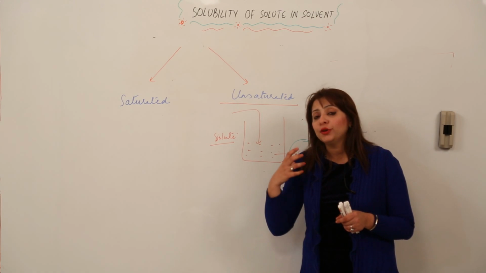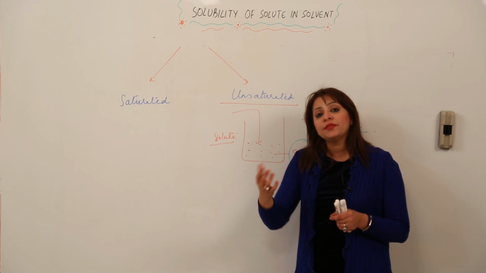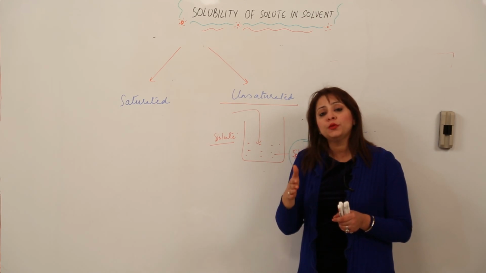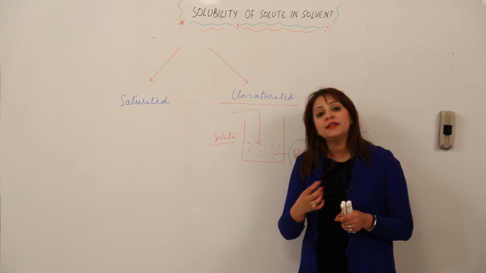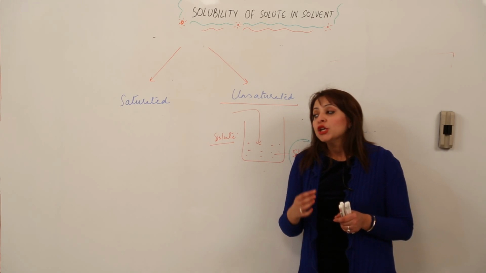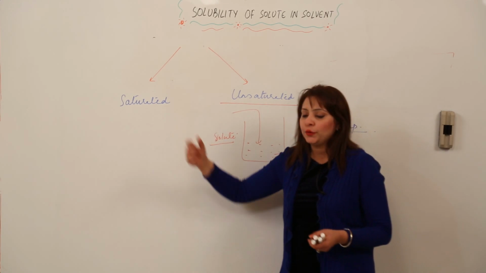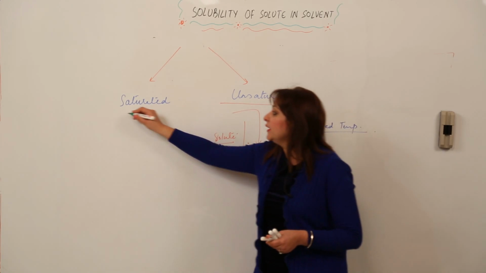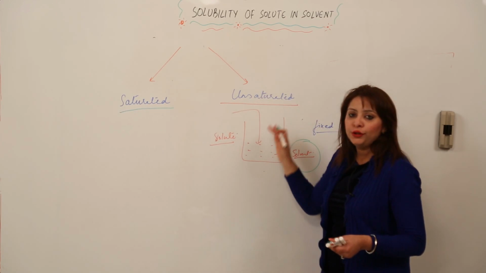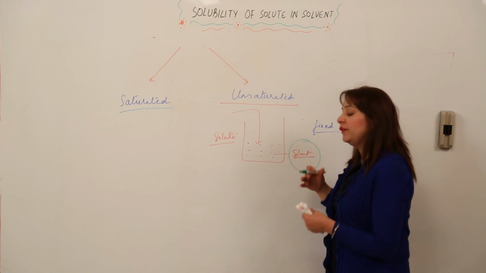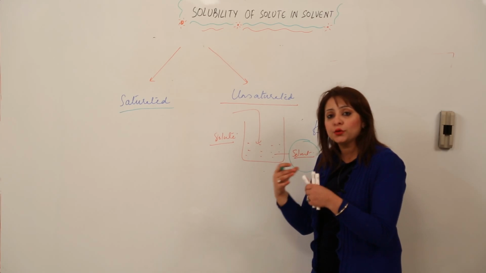On that basis, we have 2 kinds of solution, unsaturated and saturated. An unsaturated solution is one in which I add a solute and stir it, and the solvent keeps dissolving it, right?